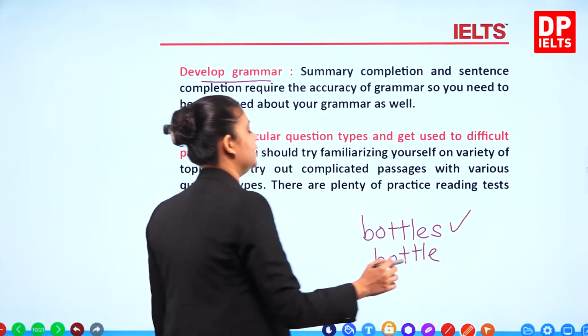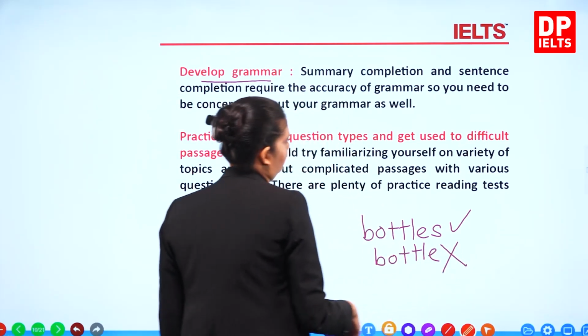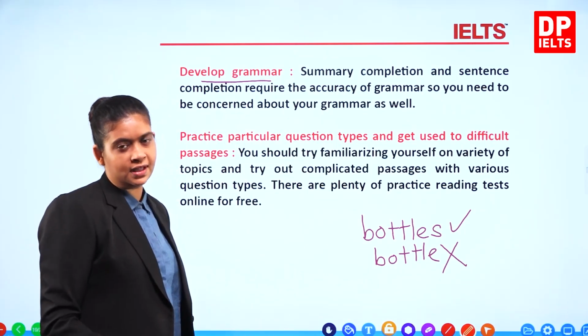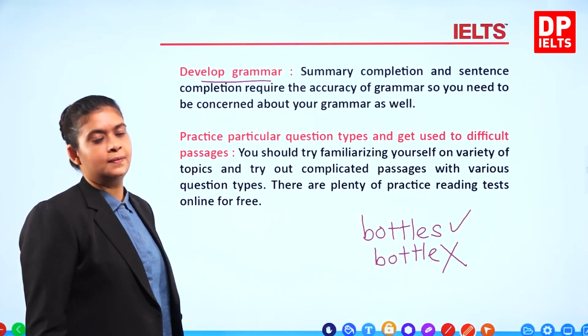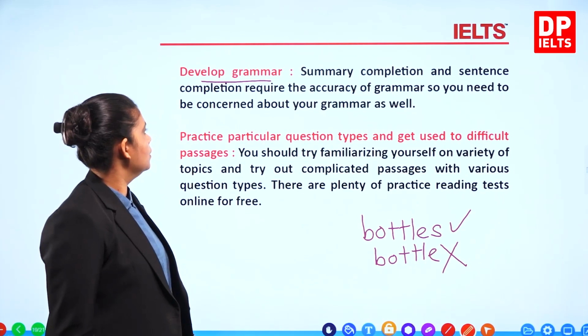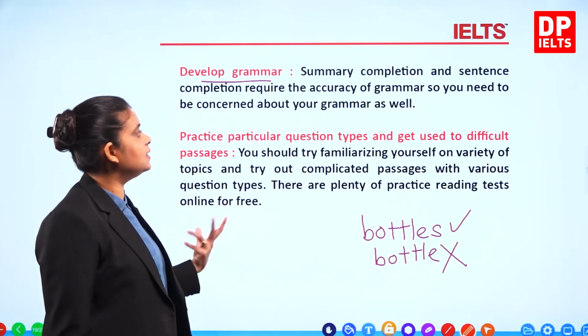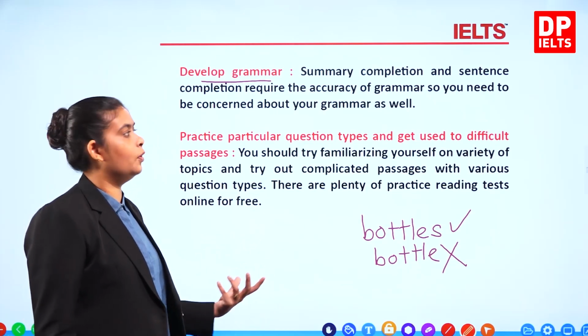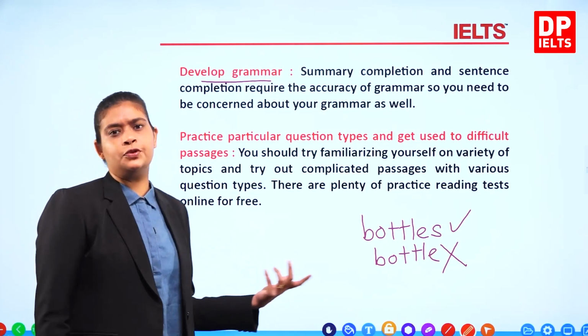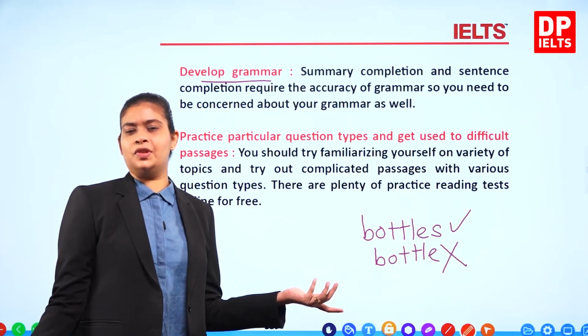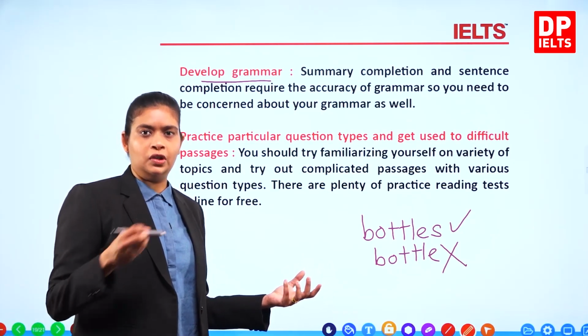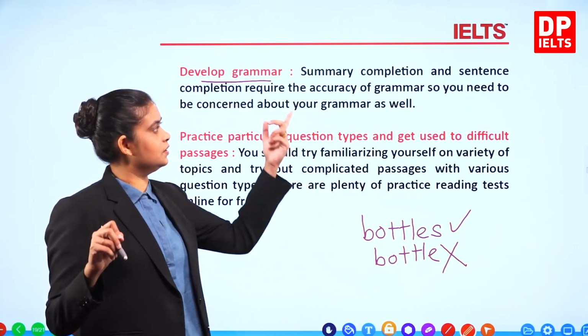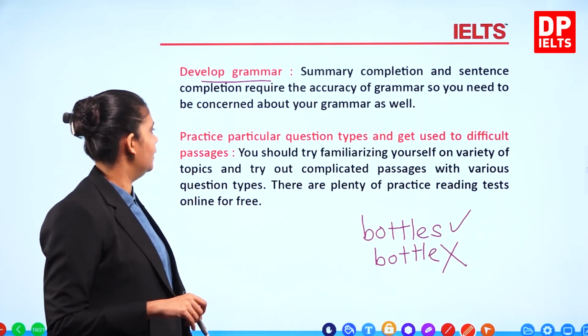No. If the answer grammatically, what word fits in is bottles, then it would be bottles, okay? So, summary completion, sentence completion, those kinds of questions require you to have the proper grammar, okay? Because for true, false, not given, grammar is not very important, right? When you're writing something, these are the 2 question types.